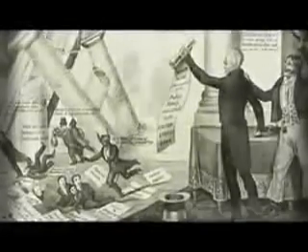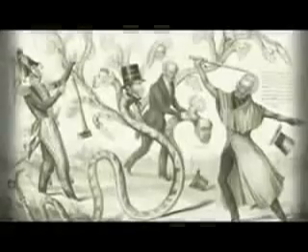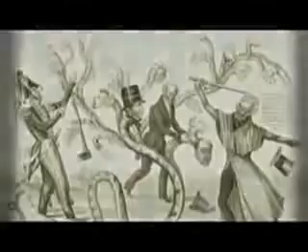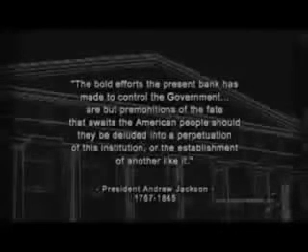In fact, the last time in American history the national debt was completely paid off was in 1835 after President Andrew Jackson shut down the central bank that preceded the Federal Reserve. In fact, Jackson's entire political platform essentially revolved around his commitment to shut down the central bank, stating at one point, "The bold efforts the present bank has made to control the government are but premonitions of the fate that awaits the American people, should they be deluded into a perpetuation of this institution or the establishment of another like it."